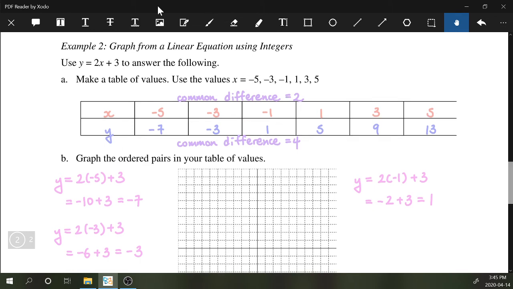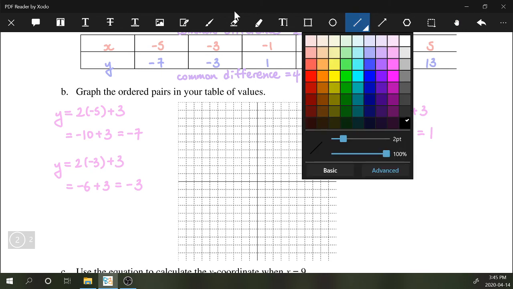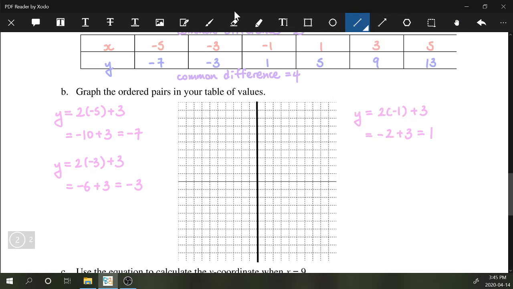Okay, so next up we're going to plot these points. It's going to make it easy to see if we draw the x and y axis first.